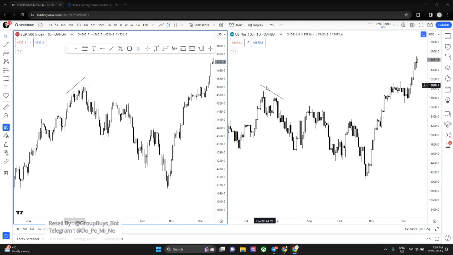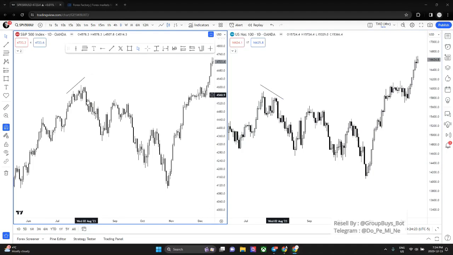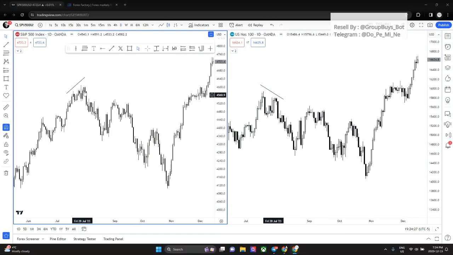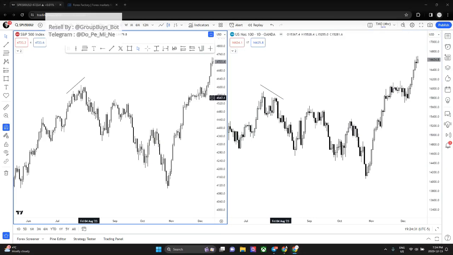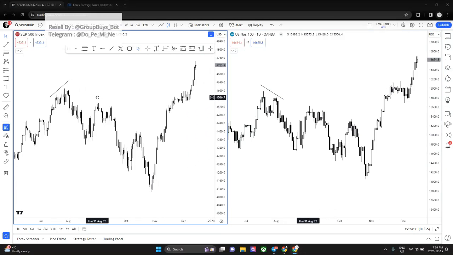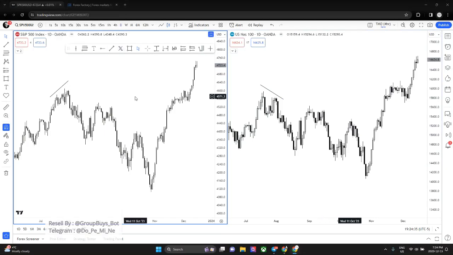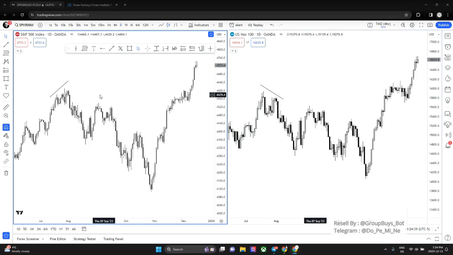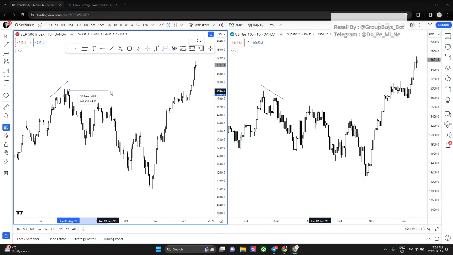Right here, after price breaks below this swing low, that's when the market shifts direction. Remember, every 3 to 4 months, which is approximately every 60, 70 trading days, you have a different quarterly shift.